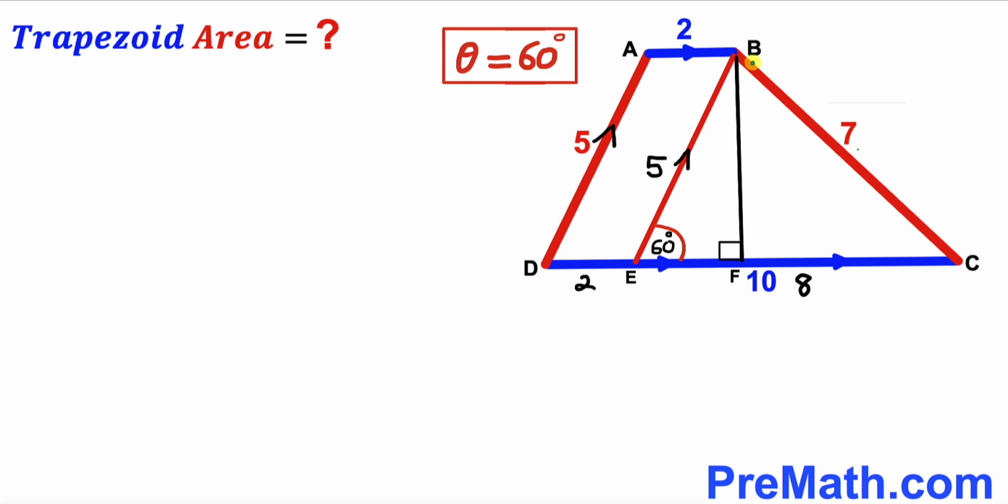In this next step, I have dropped this perpendicular BF on side CD, and I'm going to label this perpendicular BF as our height, lowercase h. Now we are going to find the value of h by focusing on this right triangle.